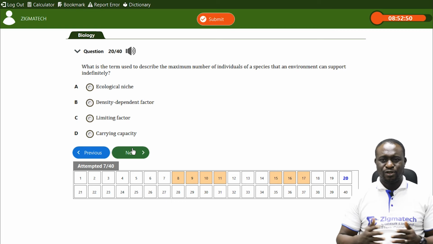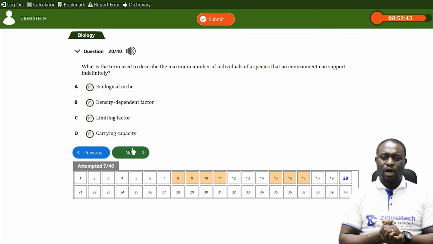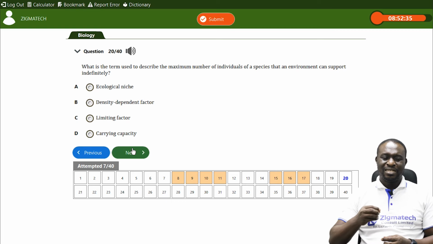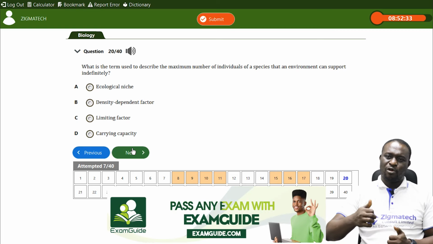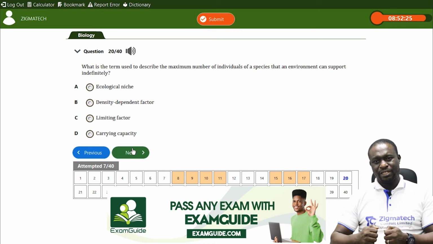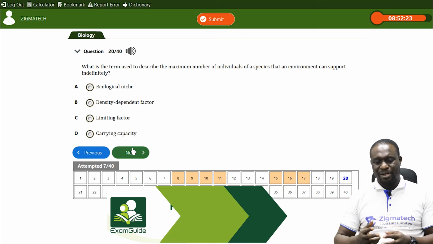Option B, density-dependent factor, is totally out of the question. Option C is limiting factors. Limiting factors are those factors that resist or inhibit the functioning of an ecosystem or environment.